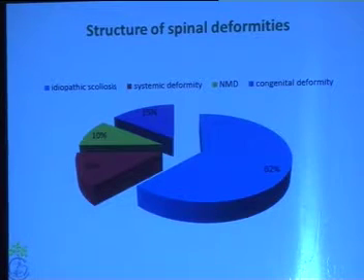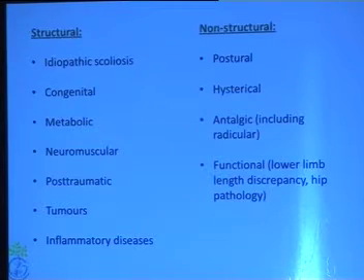There are 4 general groups of spinal deformity. The biggest group is idiopathic scoliosis, then congenital deformity, neuromuscular deformity, and systemic deformity. There are 2 general groups: structural deformity and non-structural deformity.